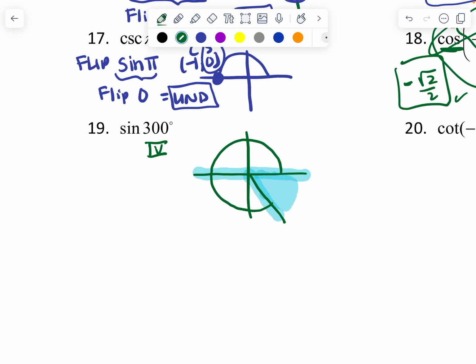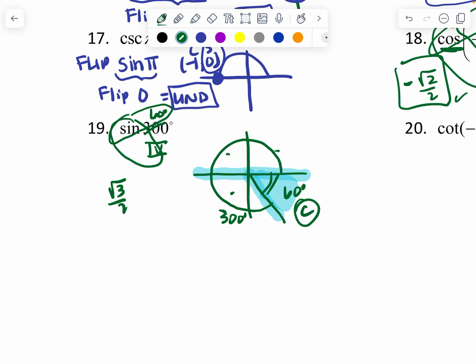And again, if this is 300 degrees up to there, to get to 360, I need 60 degrees more. So I have a 60-degree angle in quadrant 4. So the sine of 60, okay, if you look at your chart, that's the square root of 3 over 2. And in quadrant 4, all students take calculus, only cosine is positive there, which means sine is negative.